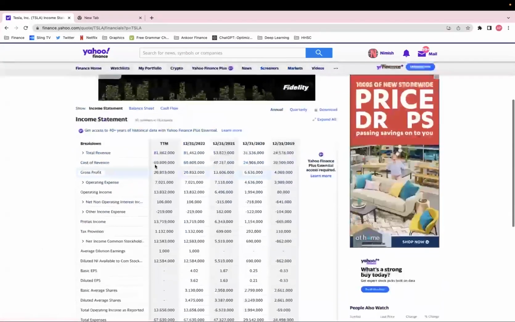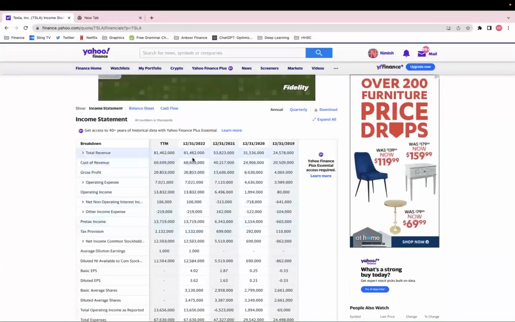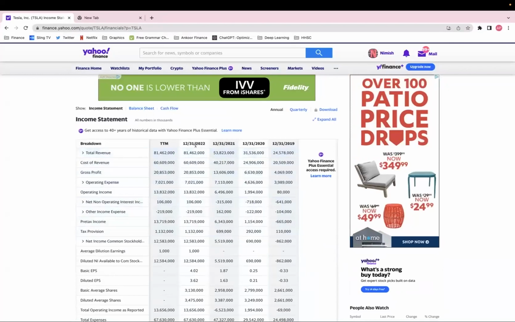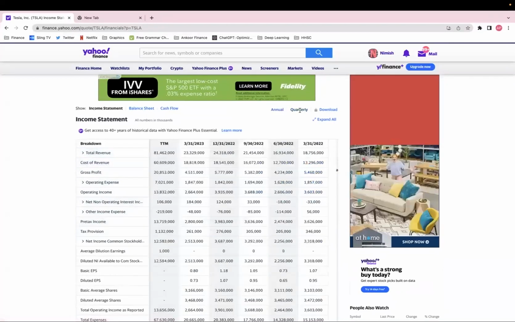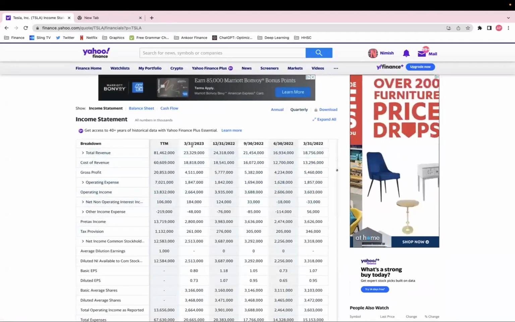This is an income statement, trailing 12 months. This was released as of last December, so yearly. I can go quarterly also. So this is quarterly, released on March 31st.